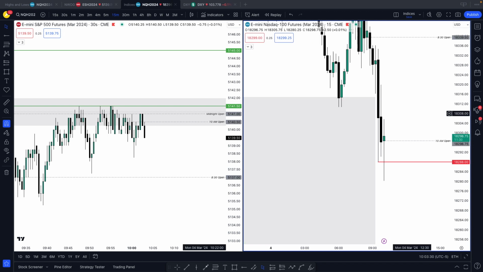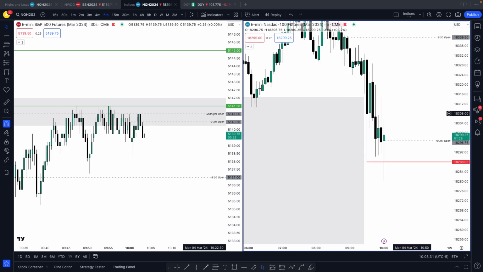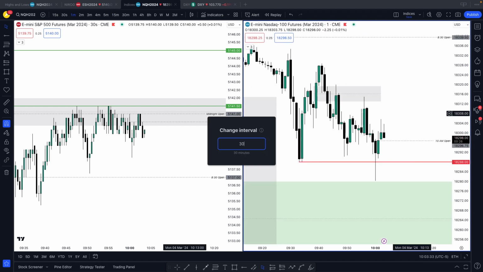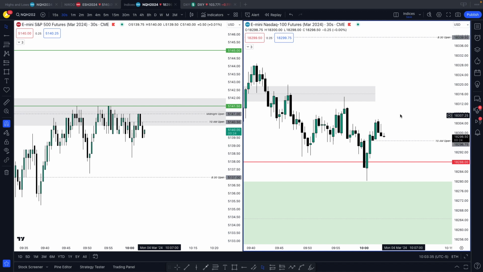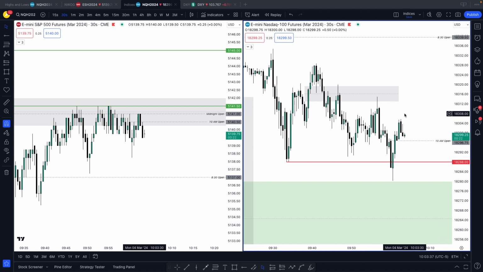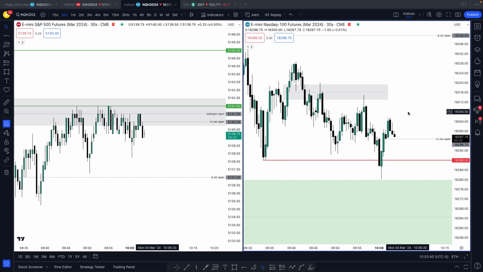Let's see, 15-minute chart. Yeah, so I don't really like anything yet. We'll just let this develop a bit more. There's still a possibility here, as far as I'd see it, of reaching back down into this hourly BISI below. Digging a little bit deeper.